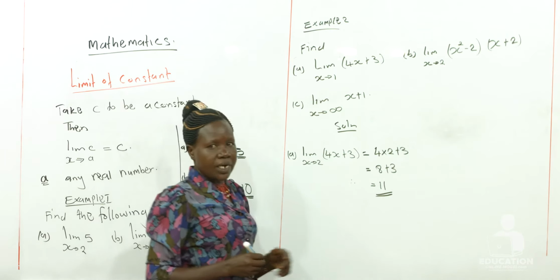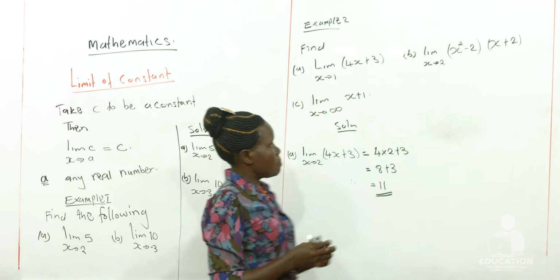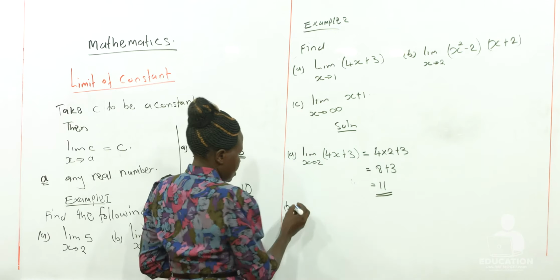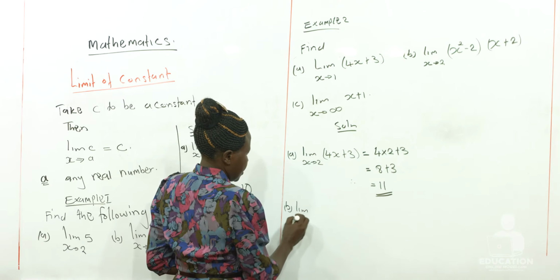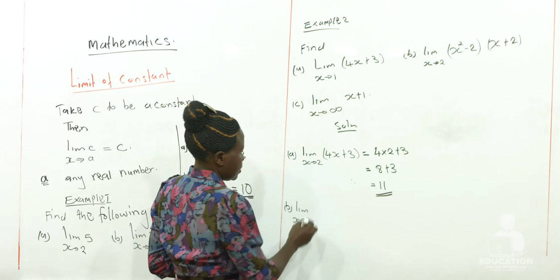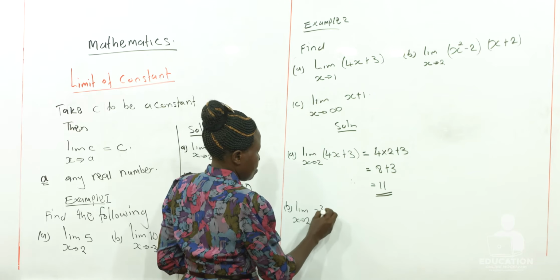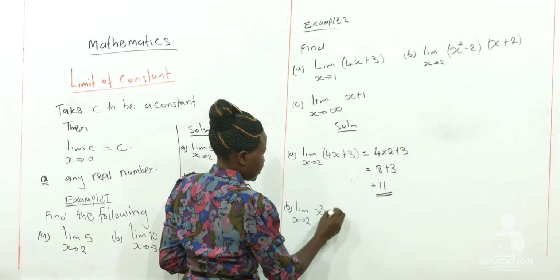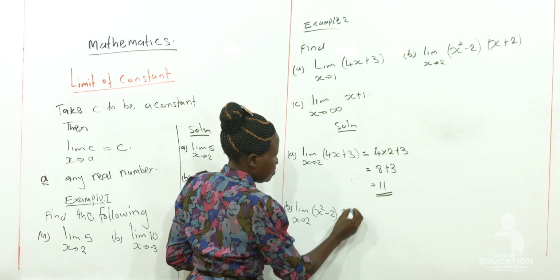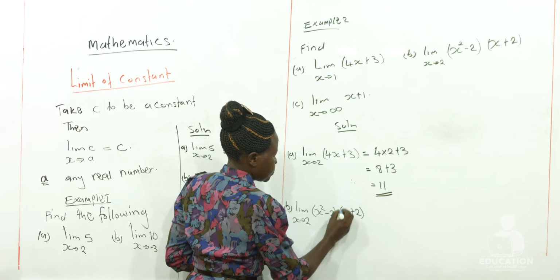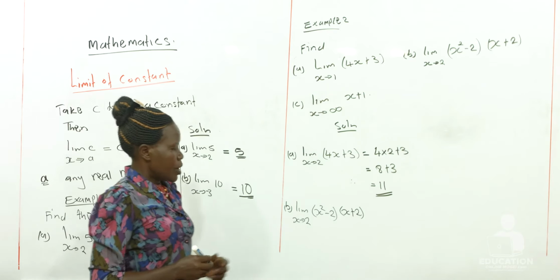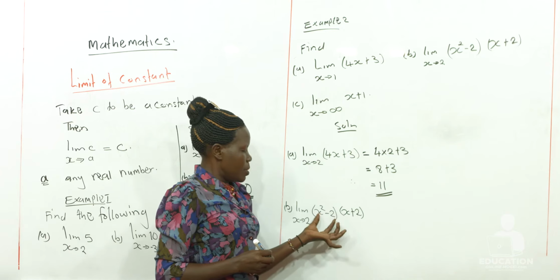And then when we come to part B, we simply say lim x is approaching 2 of x squared minus 2x, close the bracket, and then we have x plus 2. For this case, learners, don't rush.